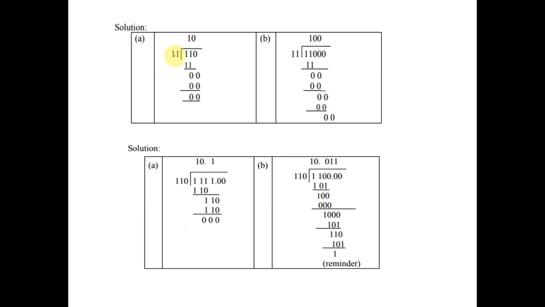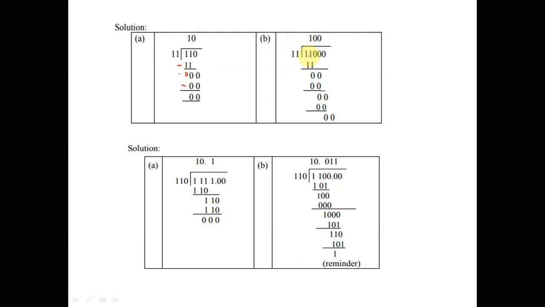First example is 11 divided by 110. This 11, so here taken as 11, and here perform the division procedure. Look here, 110. This 0 is taken as 0 and here write as 0. So the total answer is 0.